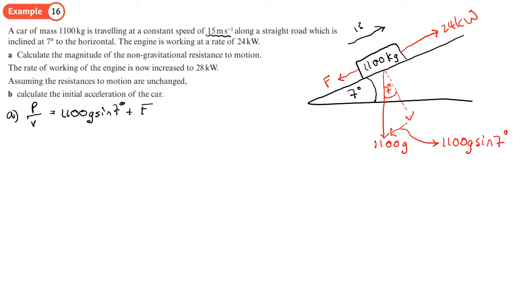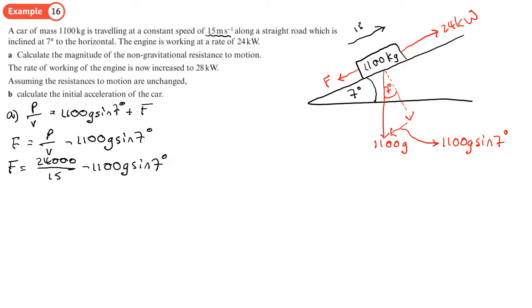So now it's just a matter of rearranging it, so we can say F equals P over V minus 1100 g sine 7, and P over V is 24,000 over 15 minus 1100 g sine 7. So this can just be put straight in on the calculator to work out what F is.